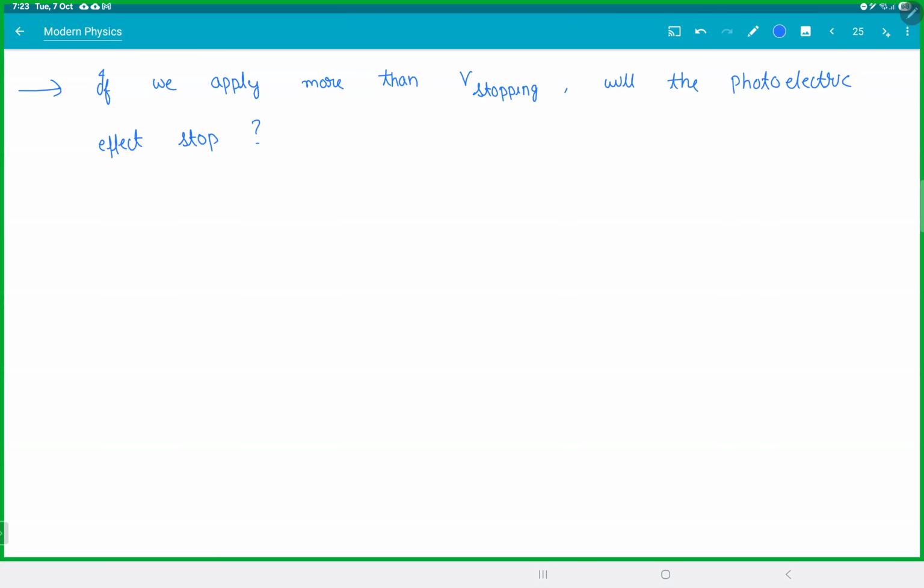So what do you guys think? Again, ask yourself exactly what is photoelectric effect? Photoelectric effect is when the light is incident on a surface, the electron comes out. But by increasing the voltage, what are you doing exactly?